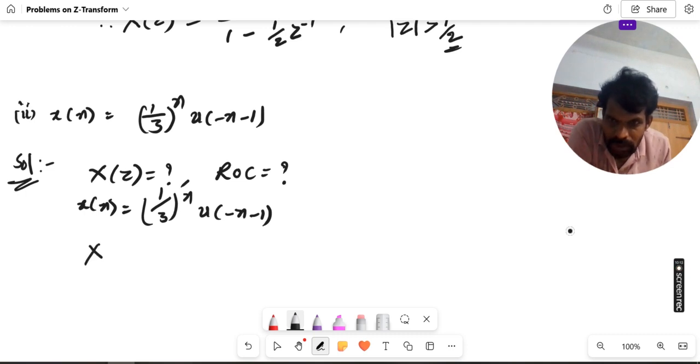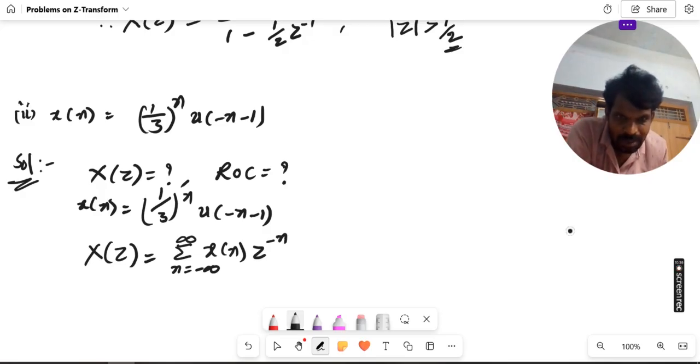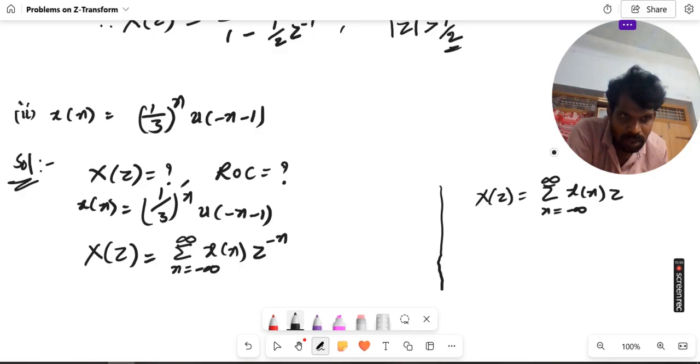Let us write down the formula to find out the Z transform for a discrete time signal, that is x of z is equal to summation n is equal to minus infinity to infinity x of n into z to the power of minus n.